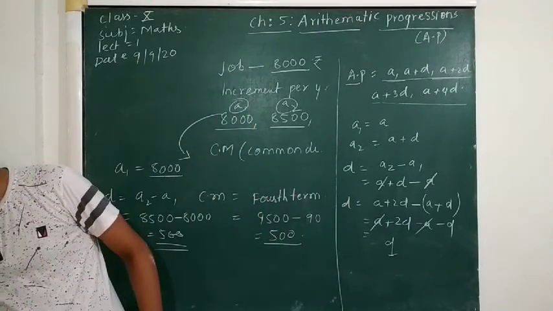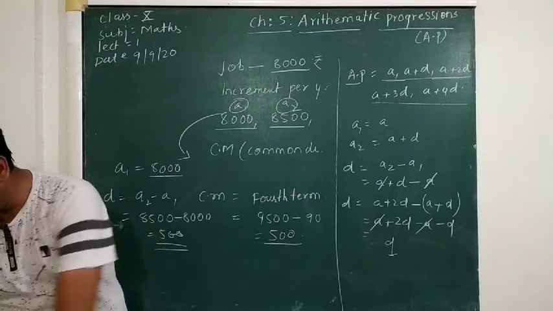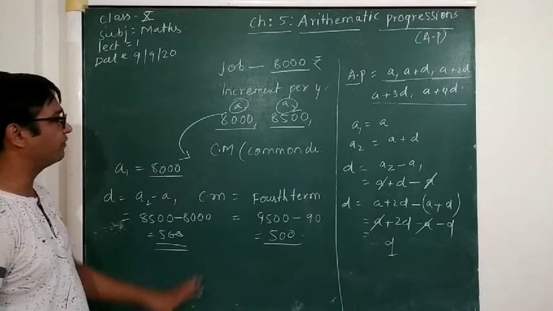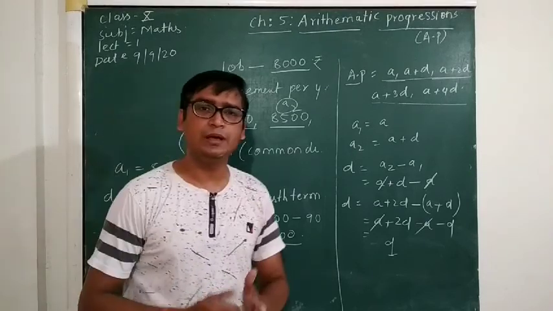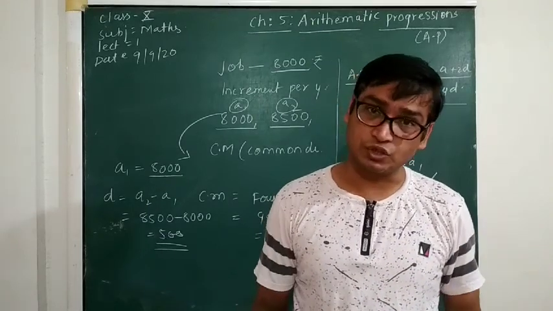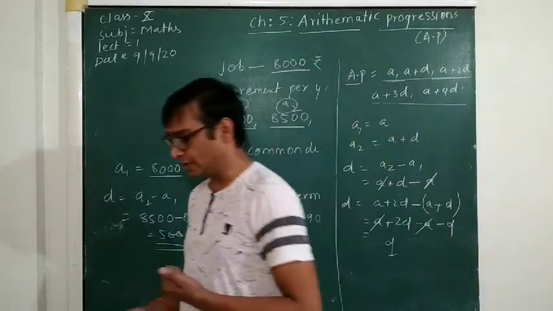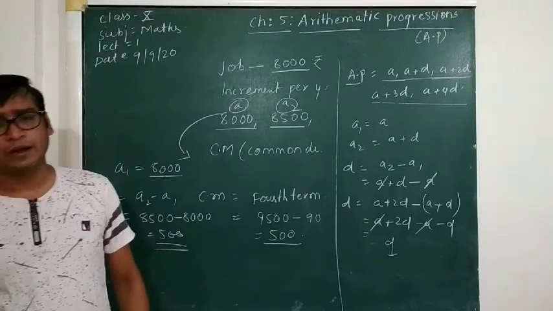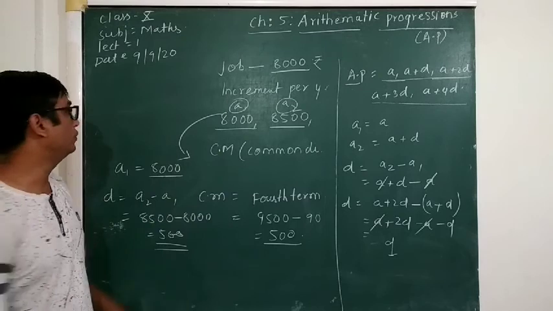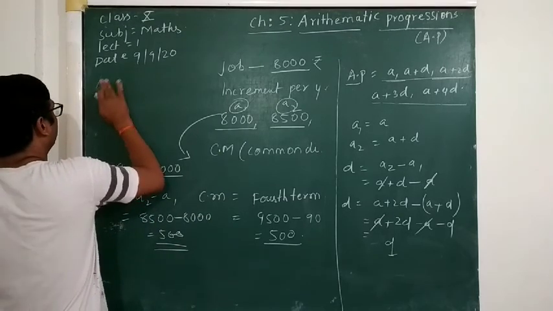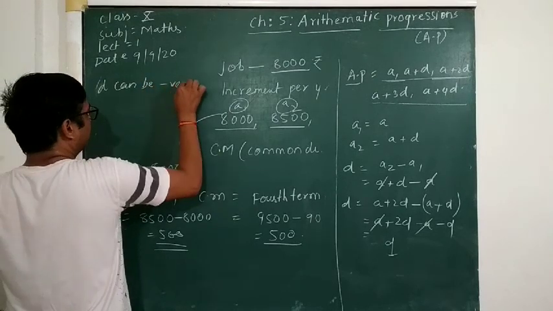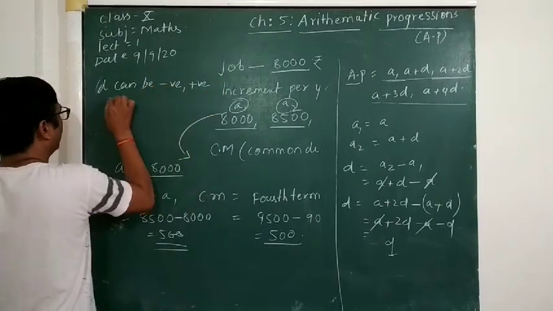Now we are finding how we can identify an arithmetic progression. The common difference we find can be positive, it can be negative, or it can even be 0. Remember well that the common difference D can be negative, positive, or 0.